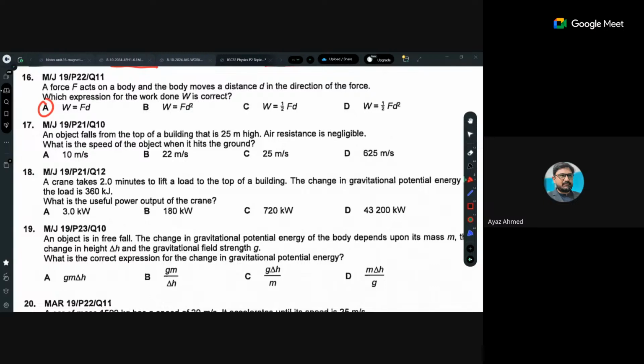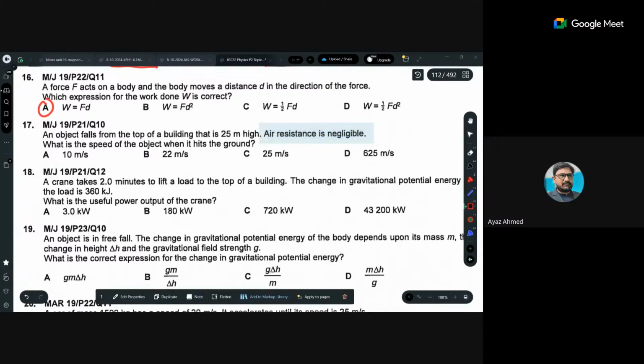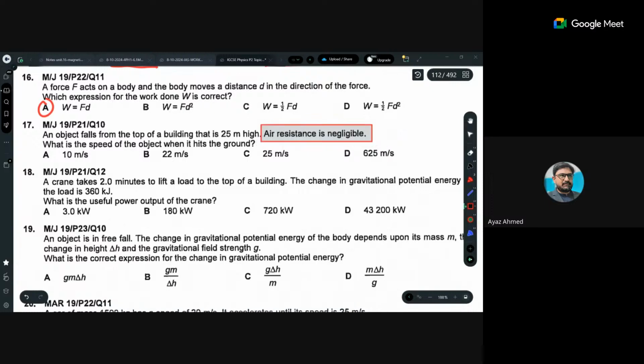Then question number 17. An object falls from the top of a building that is 25 meter high. Air resistance is negligible. This is a key lifeline for this question, right? Because when the air resistance is negligible, all of the lost energy is converted into kinetic energy. So what is the speed of the object when it hits the ground?